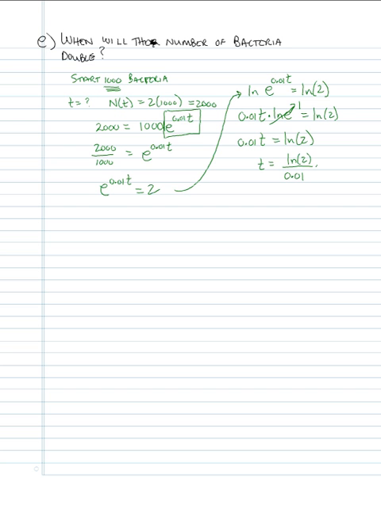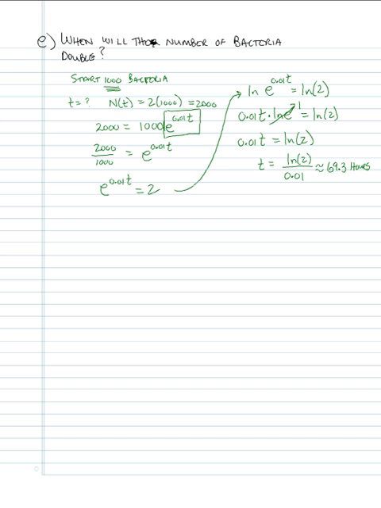Now, if we approximate that with our calculator, and we need to, because it really doesn't tell us a whole lot, we would get 69 point, and I'm rounding to 1 decimal position, tenths, 69.3, and of course we're measuring time in hours.